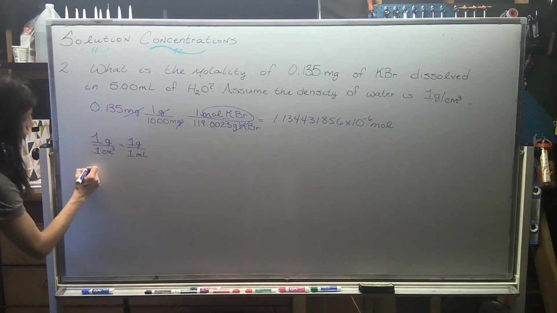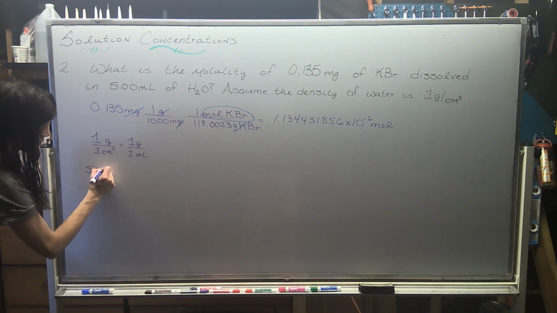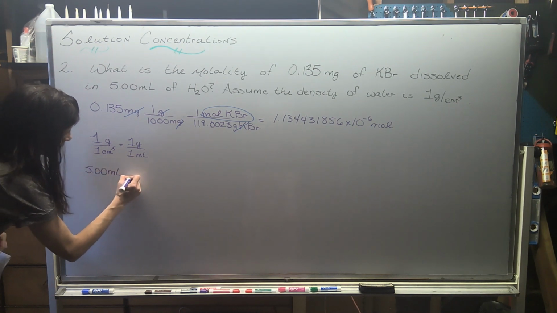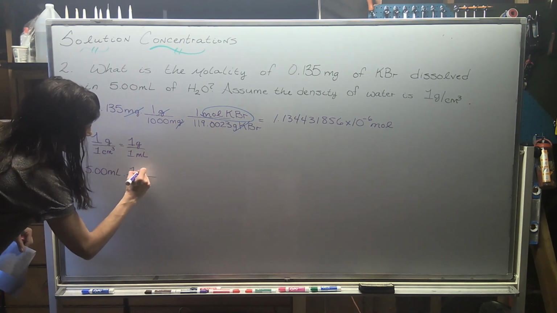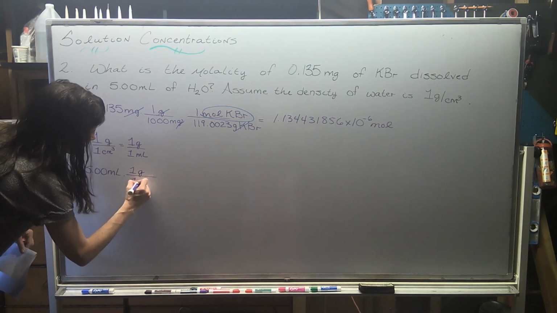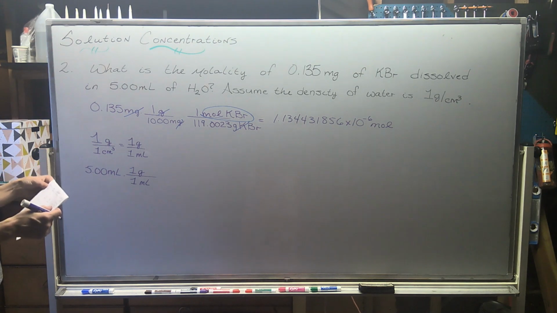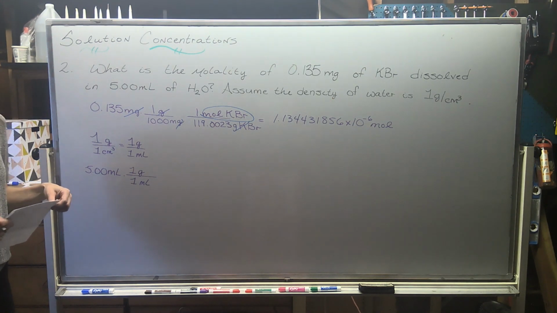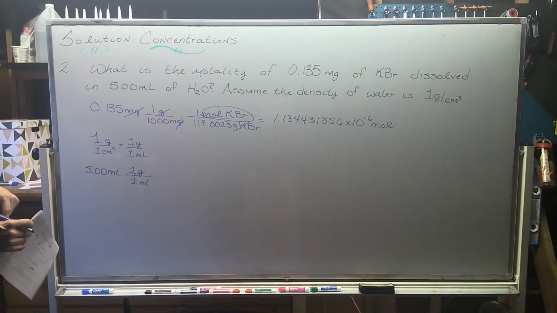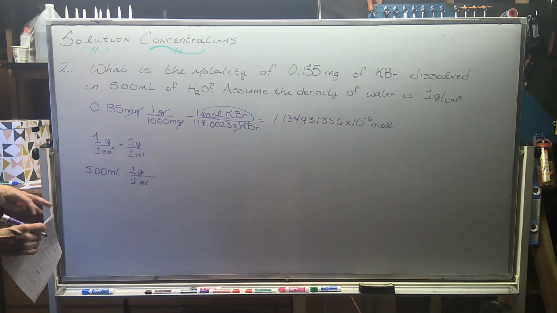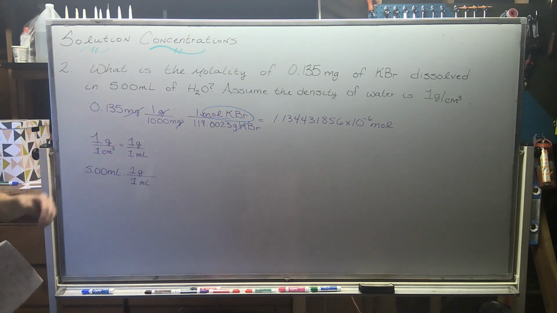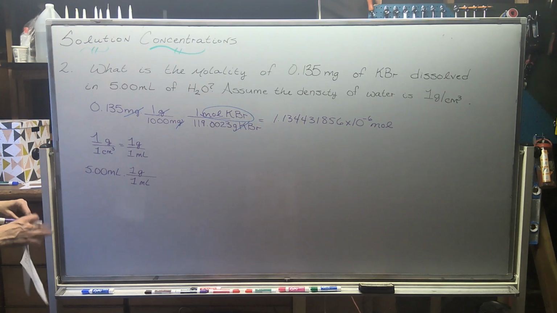So I can start with 5.00 mils of water. And I know that I have 1 gram per 1 mil. It's written with 1 sig fig, but it probably should have been written with a couple more sig figs. So let's just go with 3 sig figs. They probably should have given us a couple more, but by no means is that an exact number.